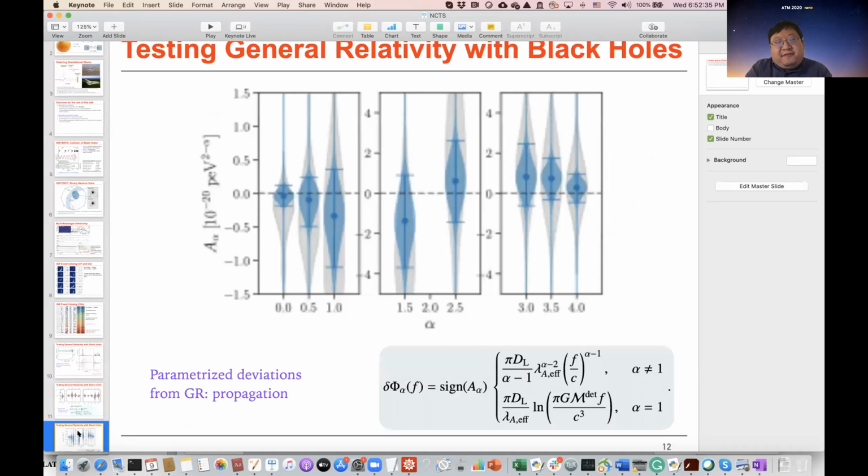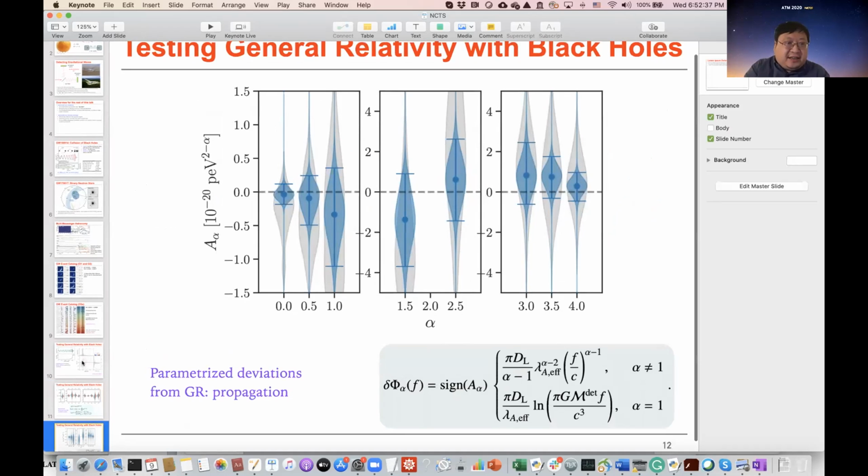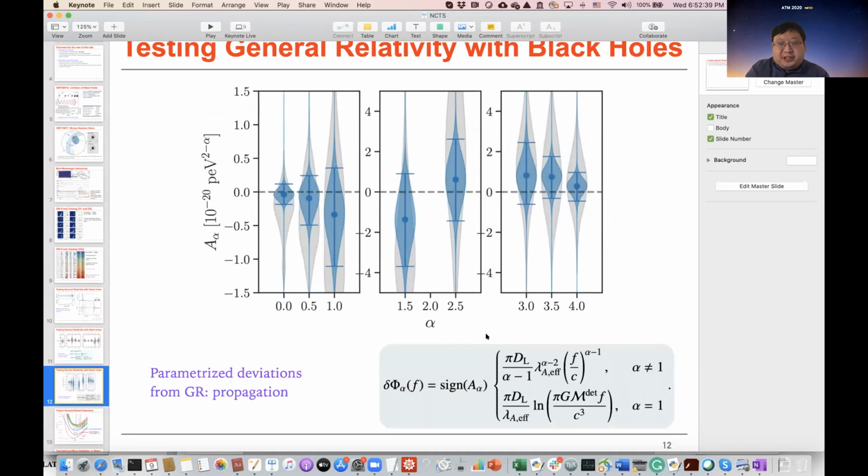Okay, and then finally, there's another parametrized test, which is regarding the propagation of gravitational waves through the universe. So here we were assuming that the gravitational wave at particular frequencies would gain a particular phase shift in a particular power law. Okay, this corresponds to a modified dispersion relation.